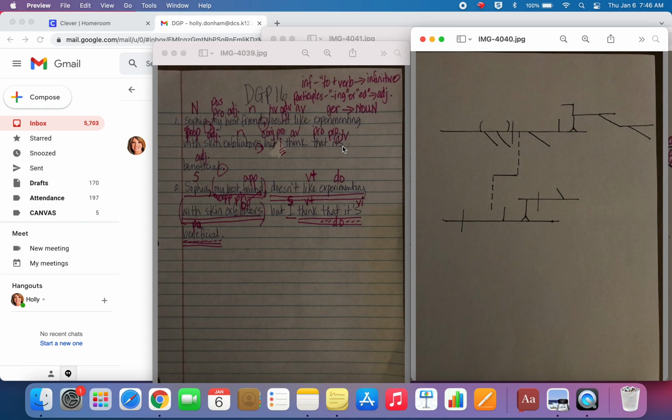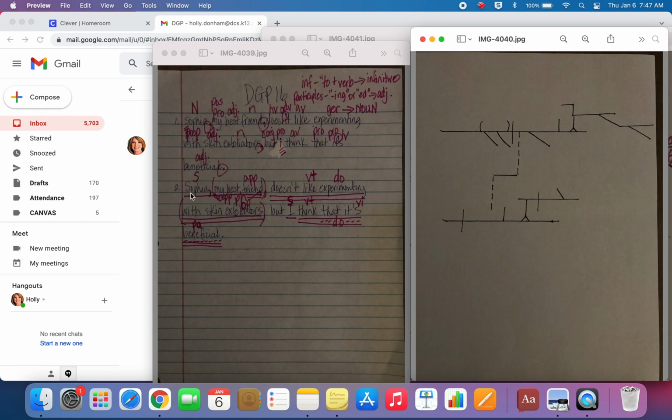So let's look at the first one. Which subject, who rather, doesn't like experimenting? Well, it's Sophia. So we're going to put an S over Sophia for the simple subject. Then we're going to go ahead and underline Sophia, my best friend, because my best friend is the appositive phrase that tells you more information about Sophia.